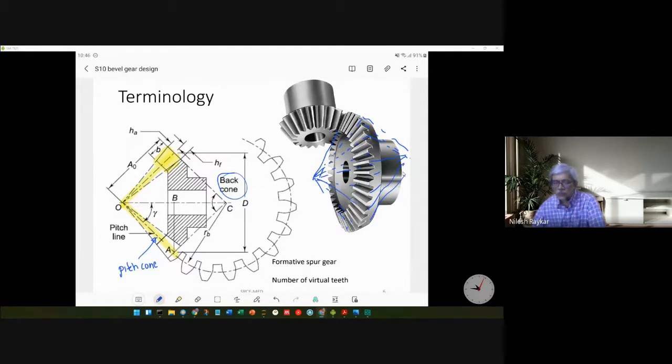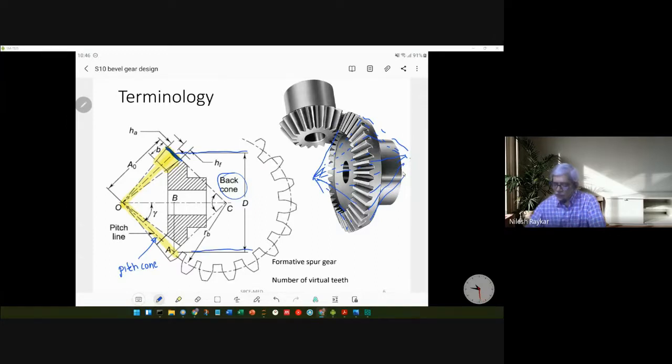We'll come to that shortly. The other important thing to note, as I said earlier, is that the gear tooth dimensions are different at different locations. If I consider the large end of the tooth, you have a different addendum, a different dedendum, and a different pitch circle diameter.